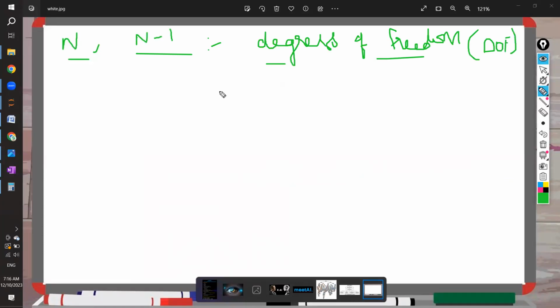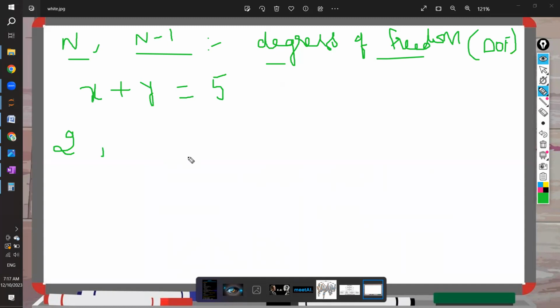Degrees of freedom is, see, let's say you have an equation x plus y equal to 5, guys. So what is the degrees of freedom? How many variables are there here? Two variables. Now what will be the degrees of freedom?